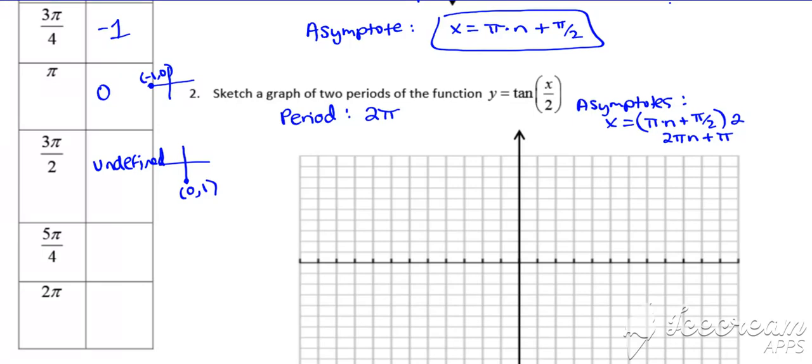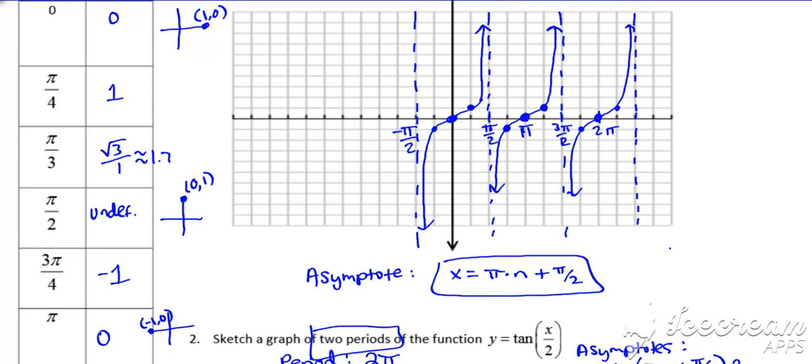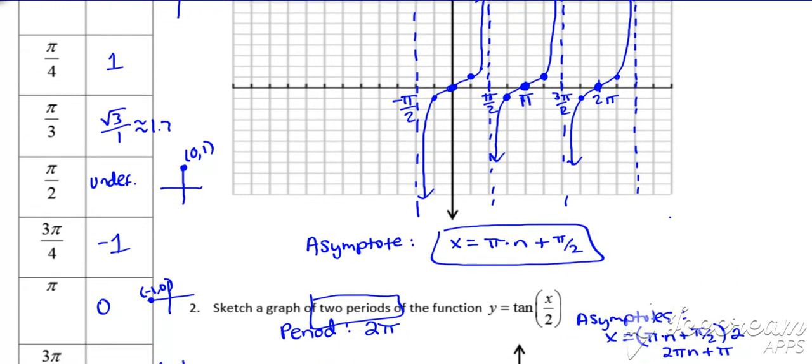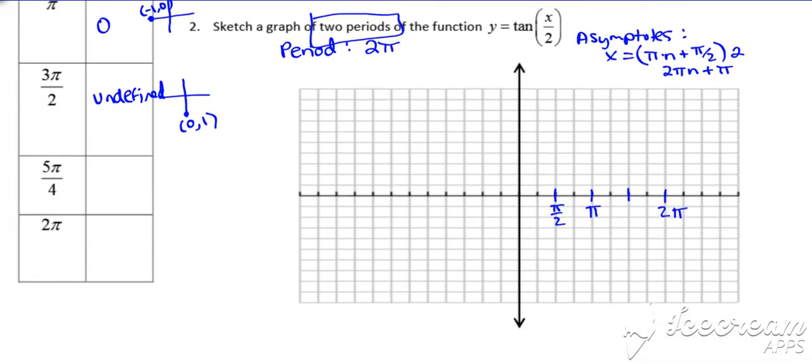So if we come up with the asymptotes first, we know, hey, there's an asymptote at pi. So again, I'm going to set it up the same way I did before, just because it makes sense for my scale. And again, I want 2 periods here. So note that I did 3 periods originally in the first. We'll look at 2 periods here.